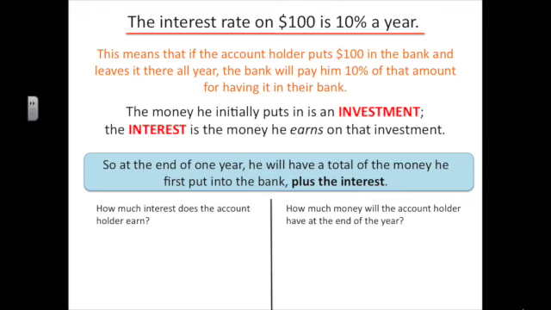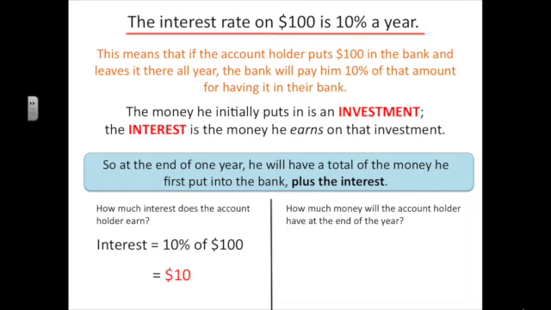So the interest is 10% of $100. 10% of $100 is $10. So the interest that this person will earn after keeping the $100 in the bank for the entire year, just for keeping their money in the bank, is $10.